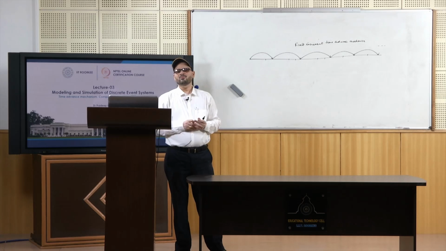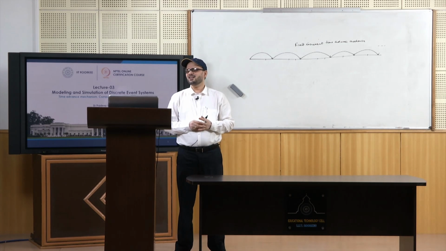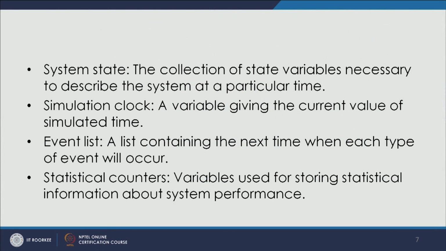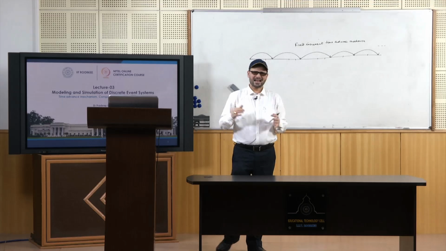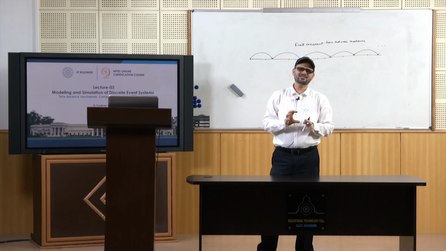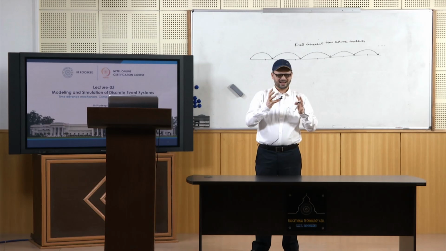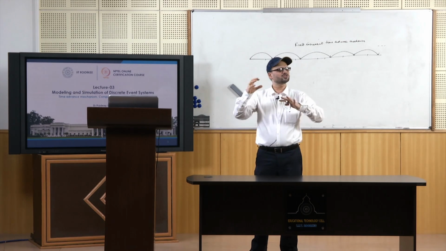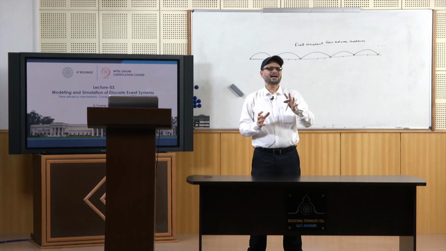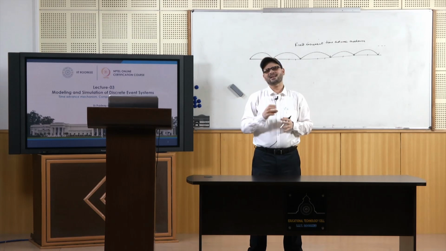Event list. The event list is a list containing the next time when each type of event will occur. So, the event list will tell you what is going to come next. As we discussed, we have events like arrival and departure, and in queuing models these will be either the inter-arrival time or the time of arrival.